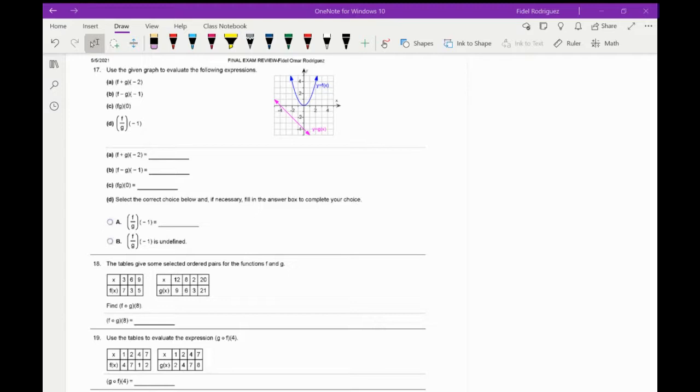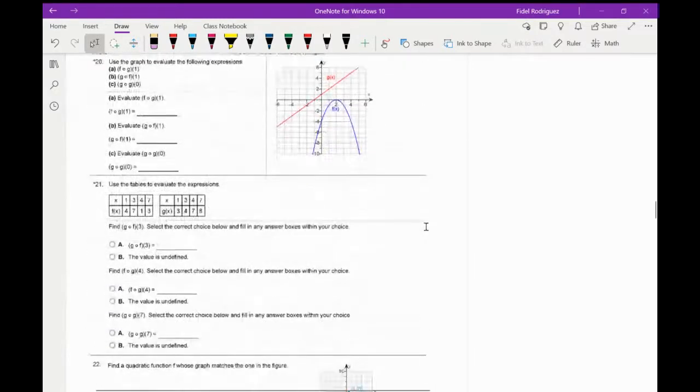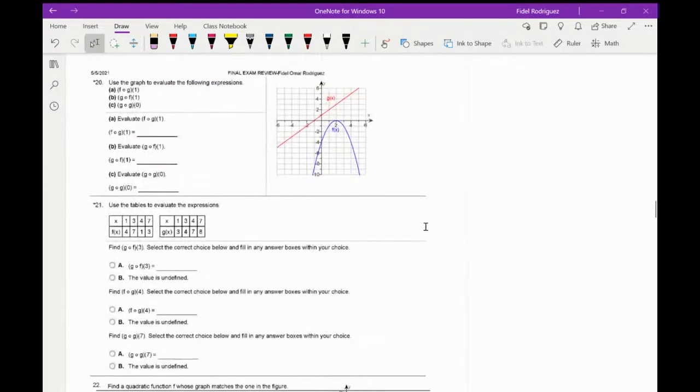Good with these three? Okay, then let me scroll a little further. Anybody have any questions about 20 or 21? Did you want me to take a look at?